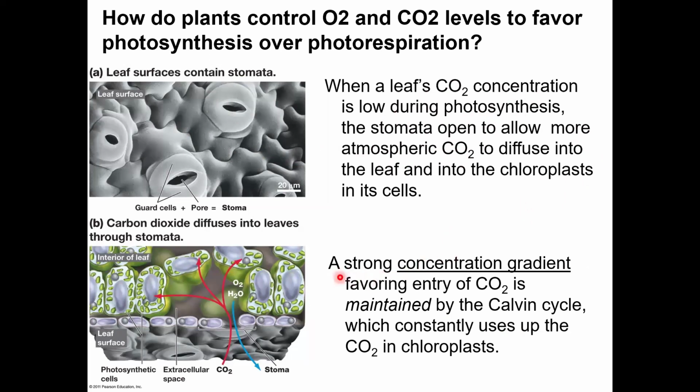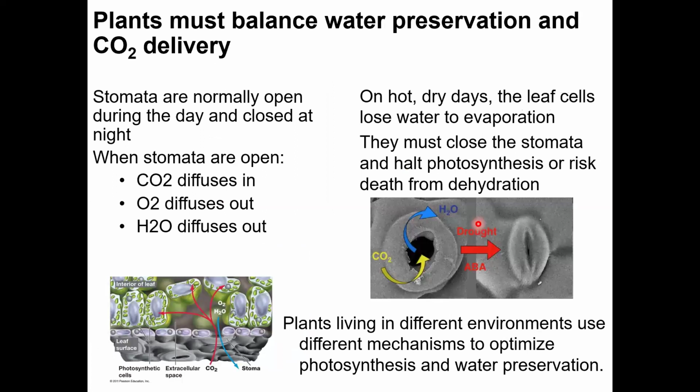But a strong concentration gradient has to be favoring the entry of carbon dioxide, and it's actually maintained by the Calvin cycle, which continuously uses the carbon dioxide that's in the chloroplasts themselves.